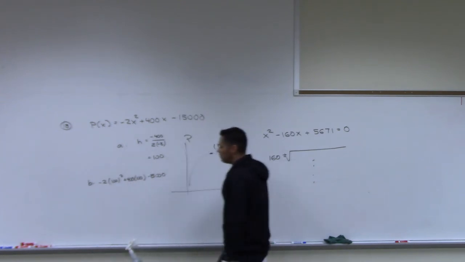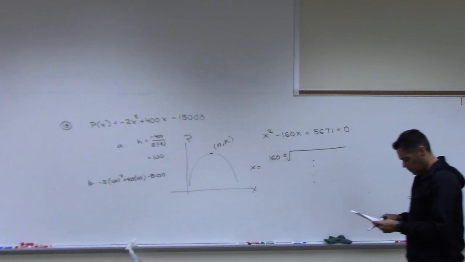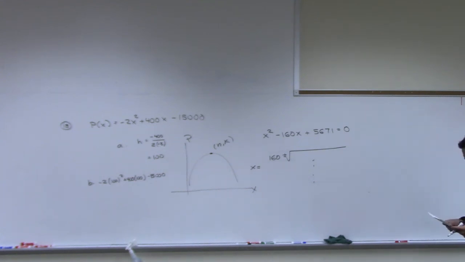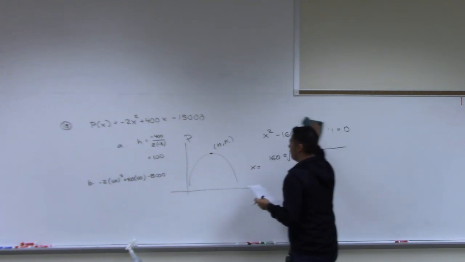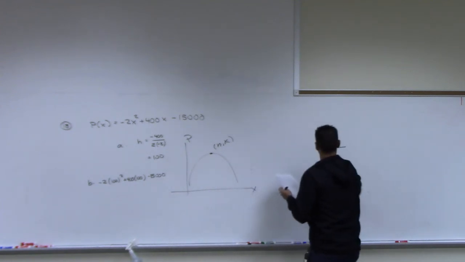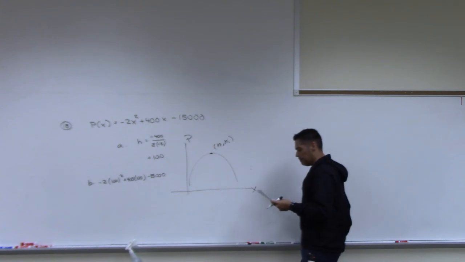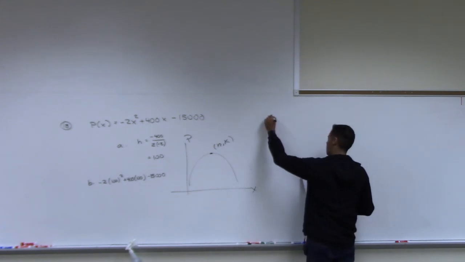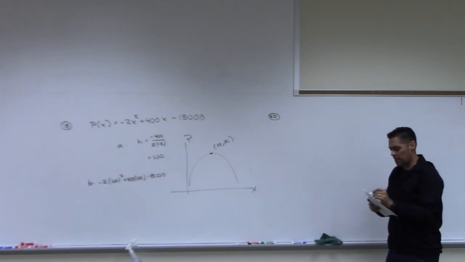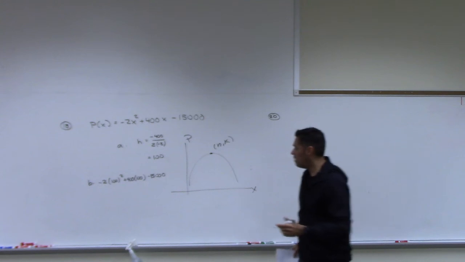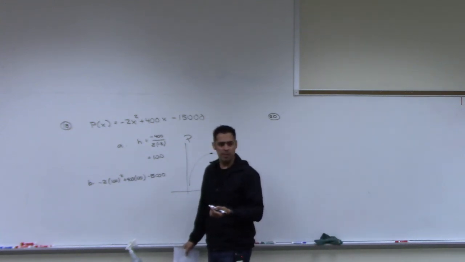And then you work that out. I'm waiting for someone to get that for me. What do you get? 5,000. Anyone else get 5,000? Anyone else trying?